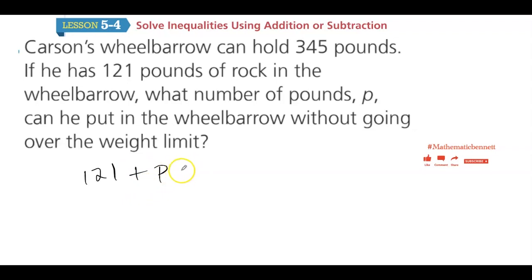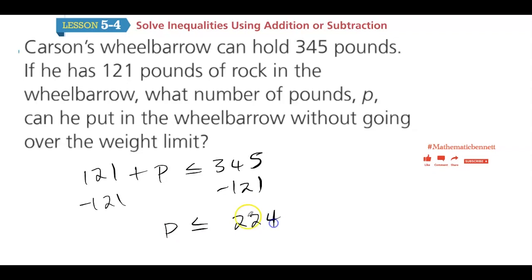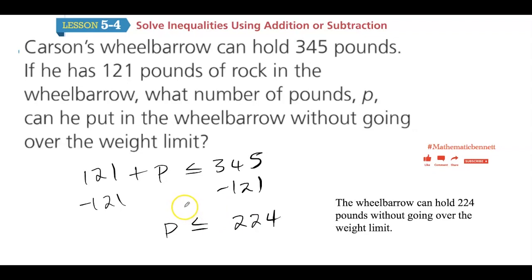If he doesn't want to go over the limit, it will be less than or equal to that limit, which was 345. From there, we can subtract 121 from both sides, and we see that P must be less than or equal to 224. So we can conclude that the wheelbarrow can hold 224 more pounds without going over the weight limit.